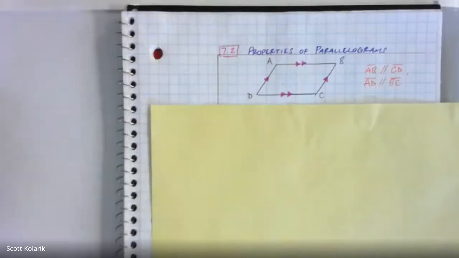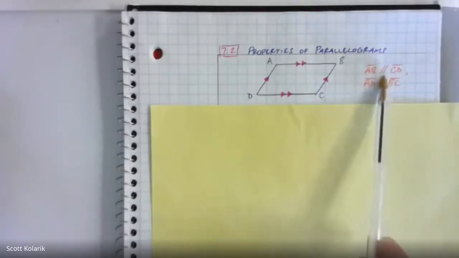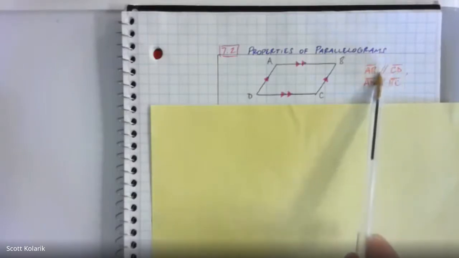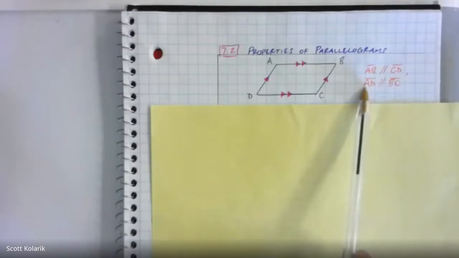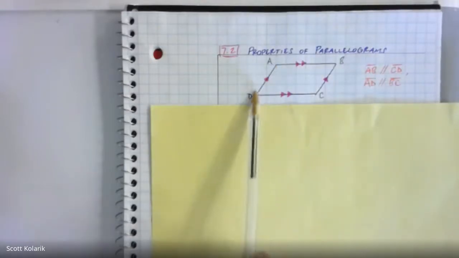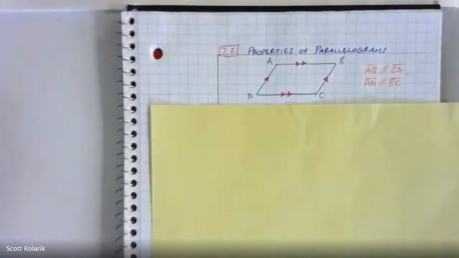Okay, so the way we would write that using geometric notation, off here to the side, you see there's our segment notation. Segment AB is parallel to segment CD. There's the symbol for parallel, those two slash marks. Segment AD is parallel to segment BC. So there's AD and BC. Those two will be parallel to one another.